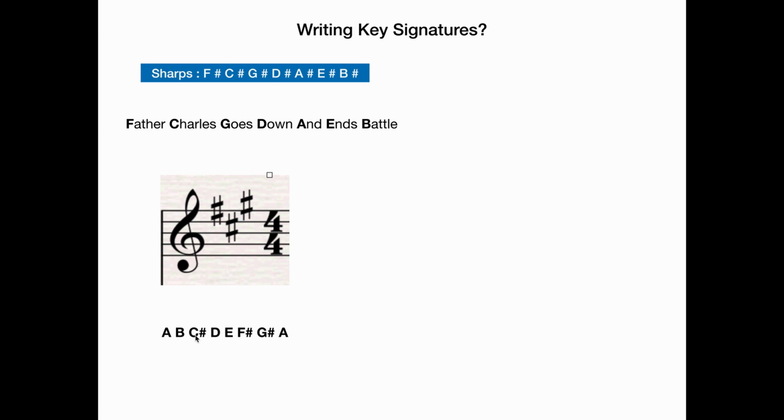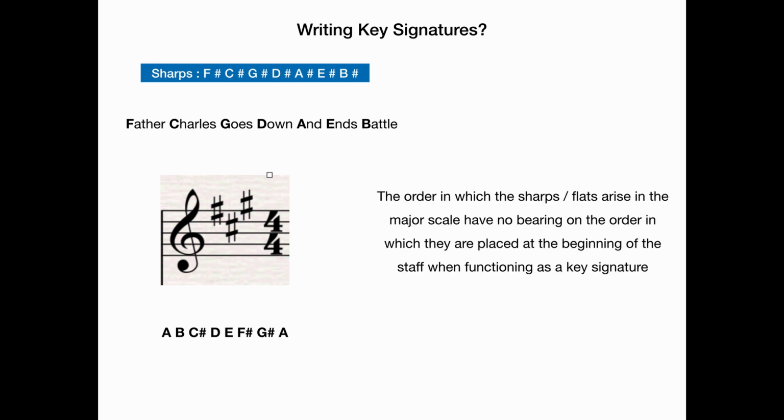I just want to note that although in the scale of A major the order in which the sharps arise is different, the order in which the sharps and flats arise in the scale actually has no bearing on the order in which they are placed at the beginning of the staff when functioning as a key signature.